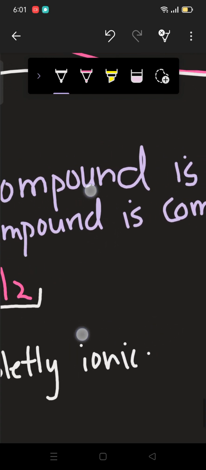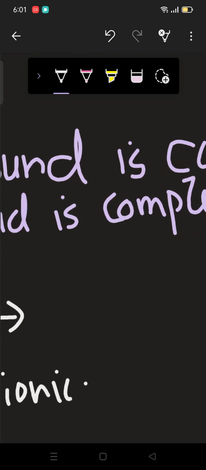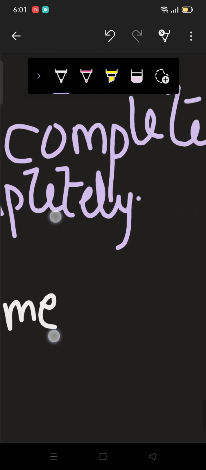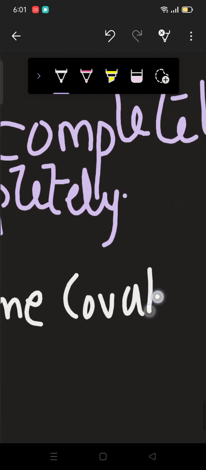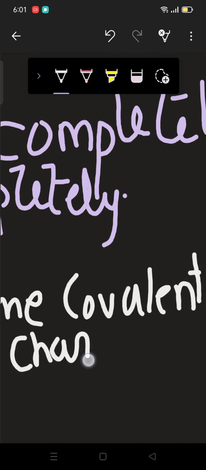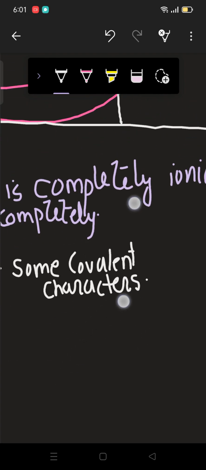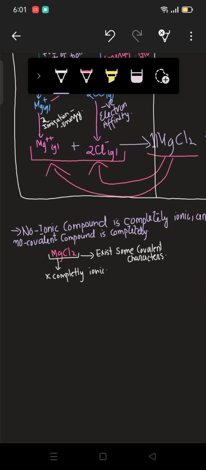There exist some covalent characters. Or you can take any example of a covalent compound; that would not be completely covalent. There would be some characters of an ionic compound in it, right?